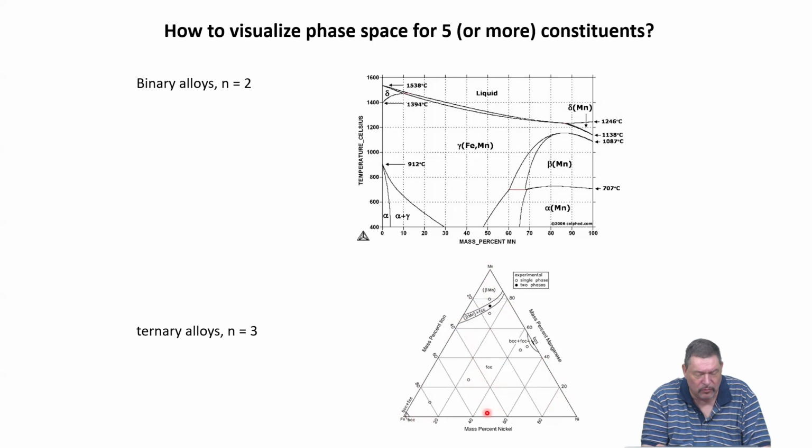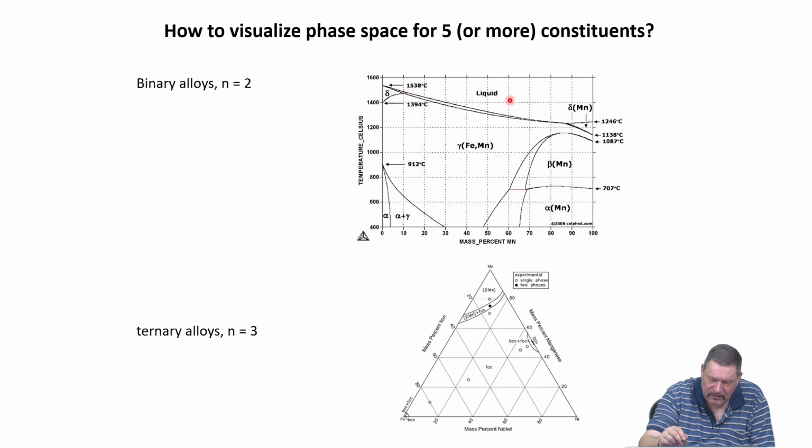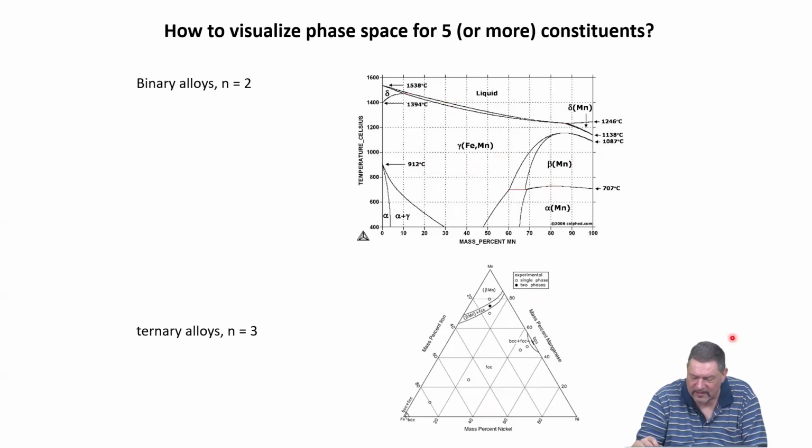And so we need to do many slices in order to get the information on which phases exist at which temperature. So the full information contained in this one phase diagram would be in as many slices at different temperatures as you need.